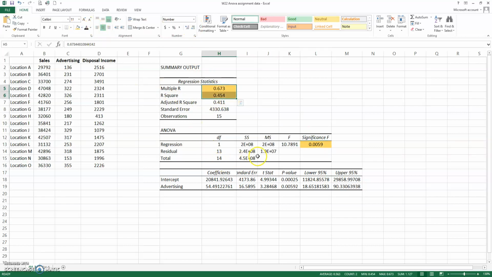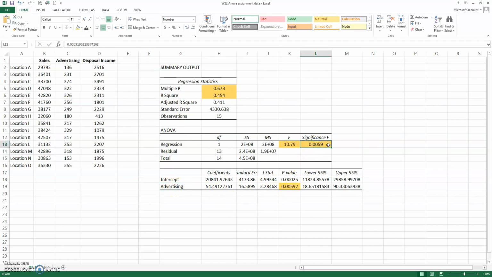These ones are key. There's our test statistic. We can also find a critical value using the appropriate degrees of freedom. And here is our p-value for the independent variable advertising.